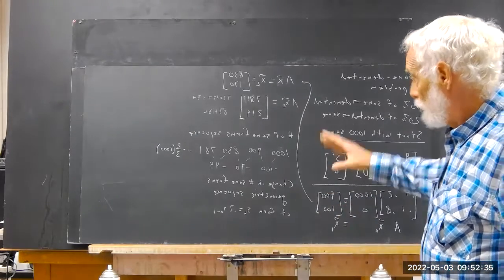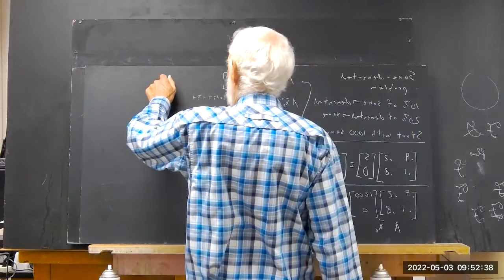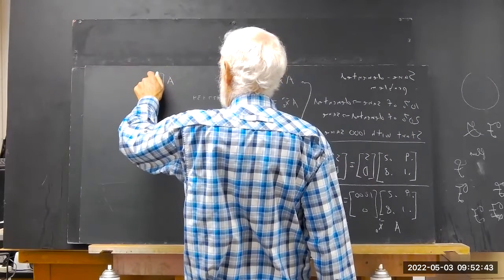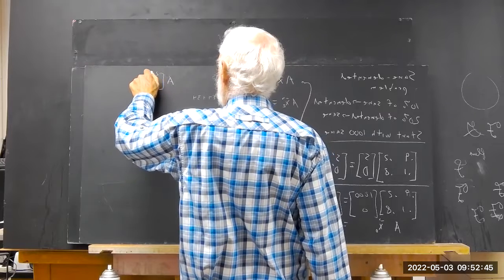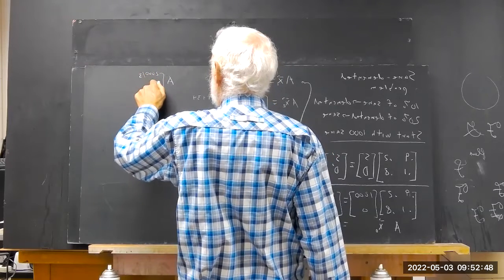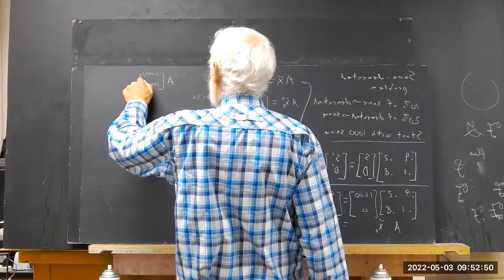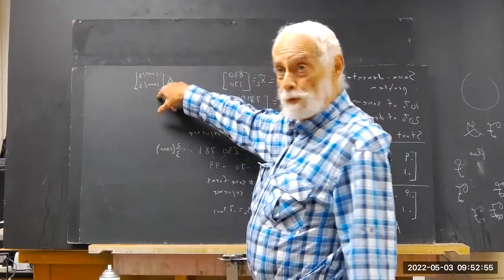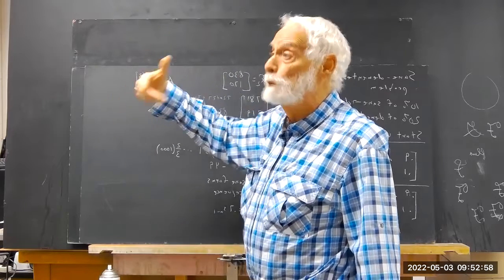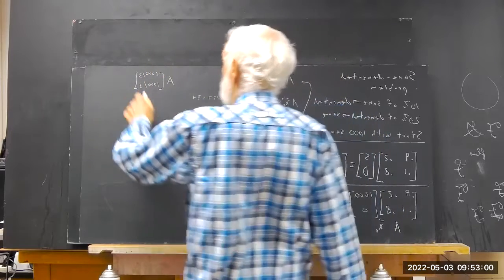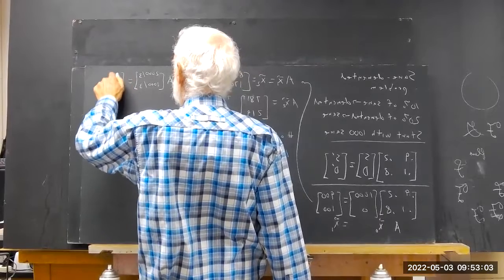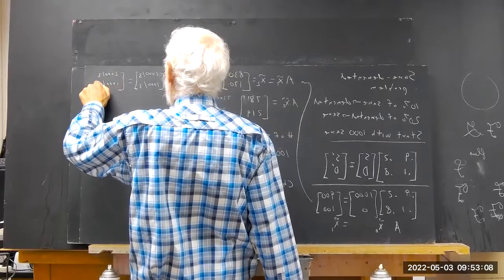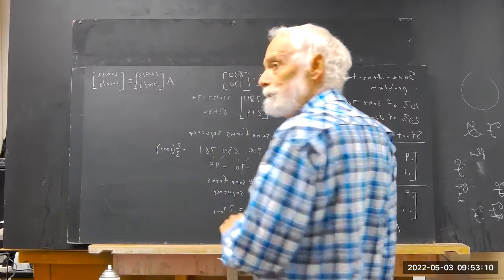Okay, but what it comes down to is this matrix multiplied by, we'll say 2,000 over 3, 1,000 over 3, and of course 2,000 over 3 and 1,000 over 3 add up to 3,000 over 3, which is 1,000, equals this.